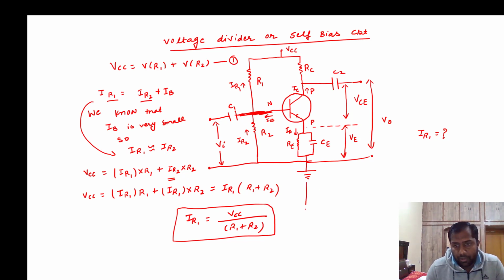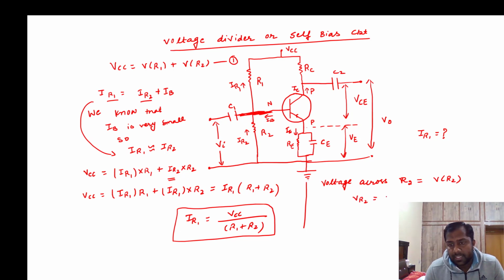Now if we write the voltage across R2, what is the voltage across R2? This is VR2. VR2 is IR2 into R2. And what is IR2? We have seen that the value of IR1 is numerically equal to the value of IR2.